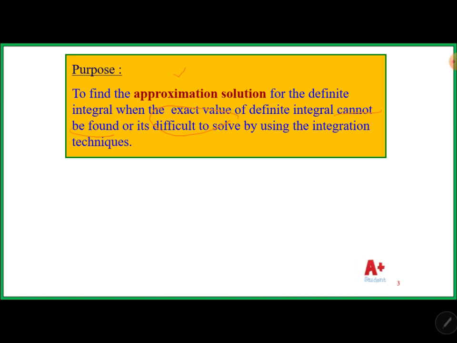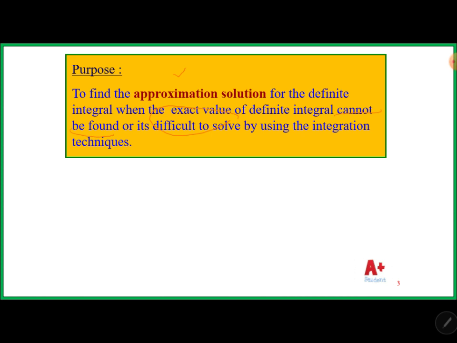As we know, we've learned so many techniques in chapter 1 to solve integrations. We have the basic formula, the special formula, the substitution method, the by-part method, and we can apply partial fractions.